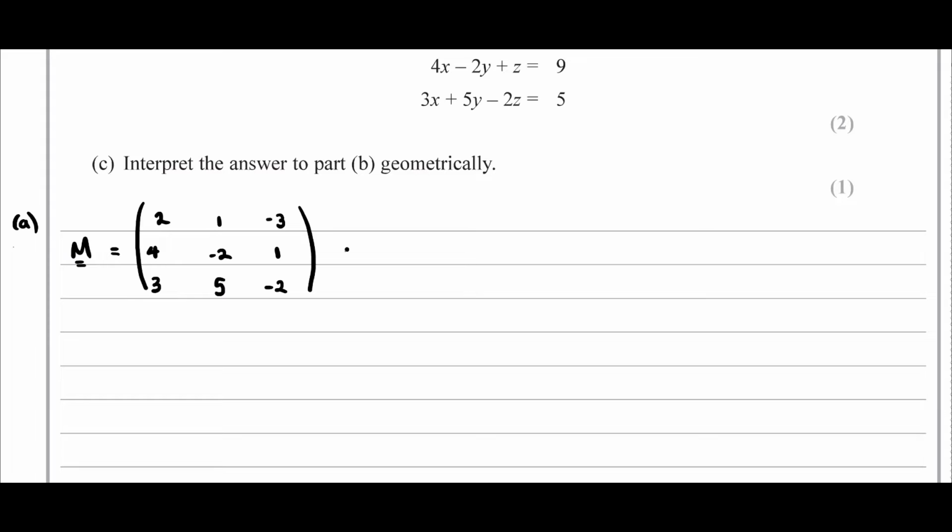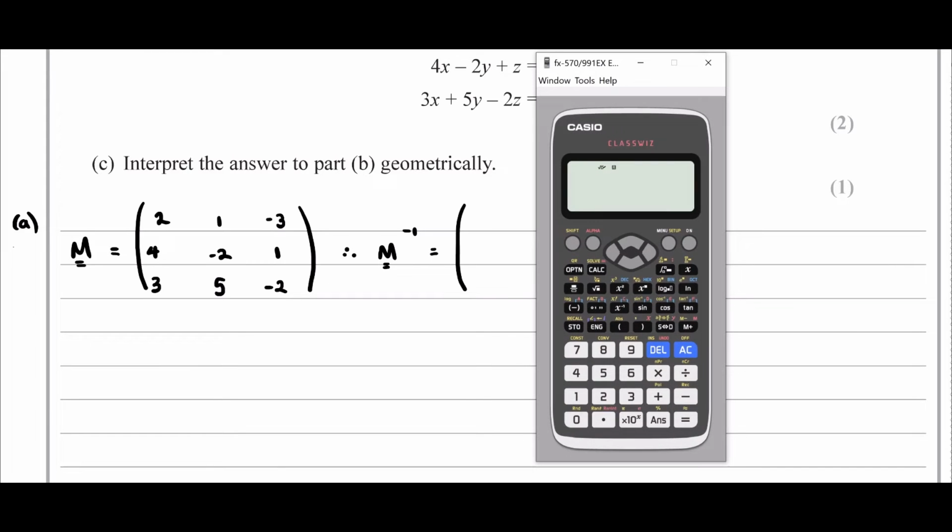And we can find the inverse using our calculator. The inverse matrix of M will equal, if we go to our calculator, we need to go to matrix mode.